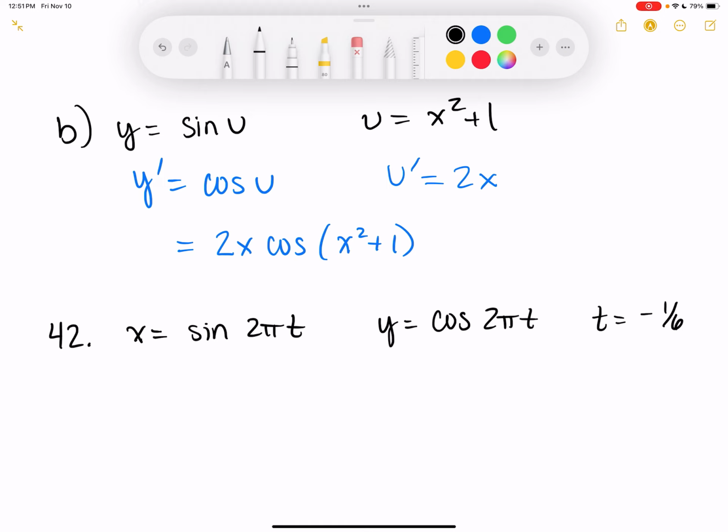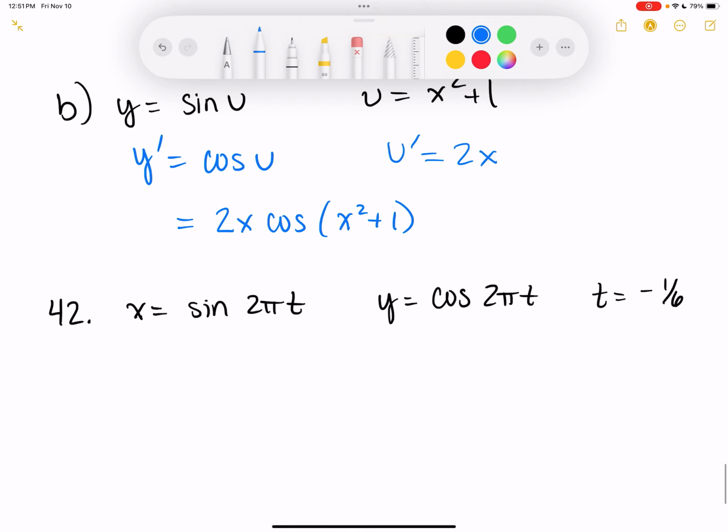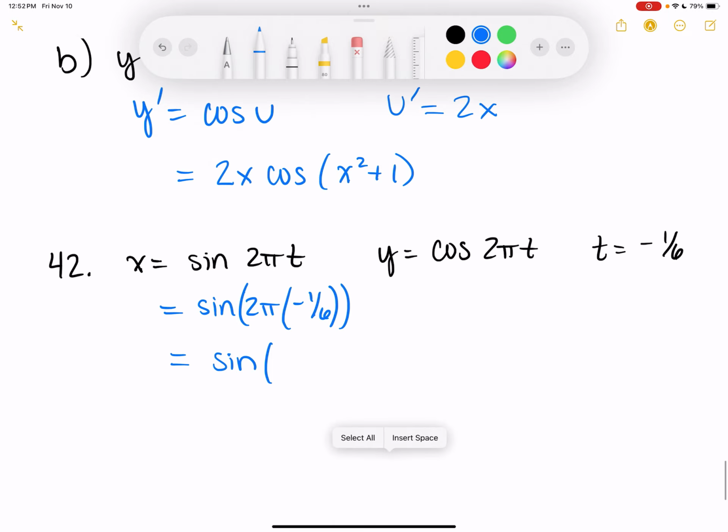So this is the sine of 2 pi times negative 1 over 6. This will reduce inside here to be the sine of negative 2 pi over 6, which reduces down to negative pi over 3.